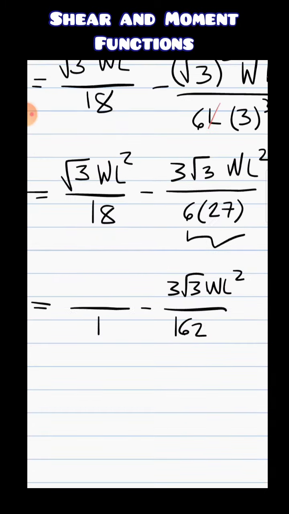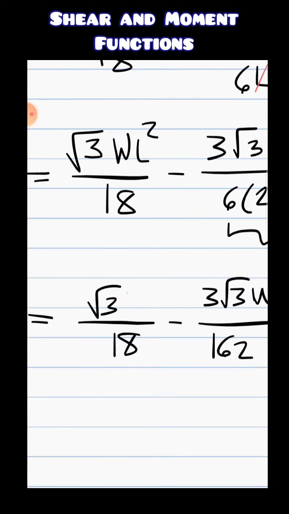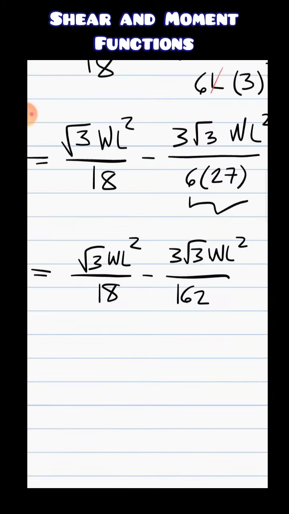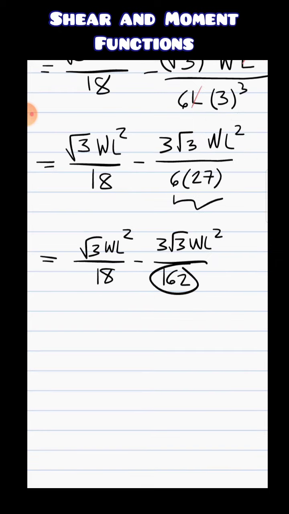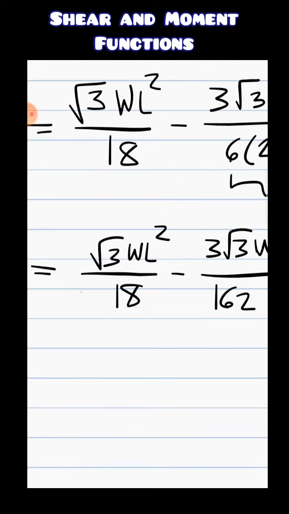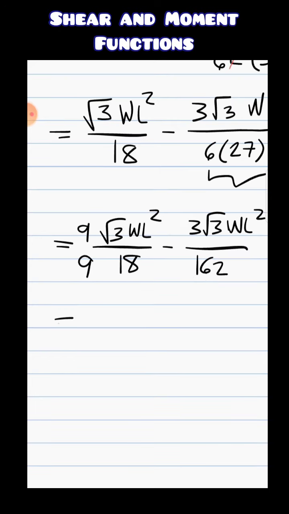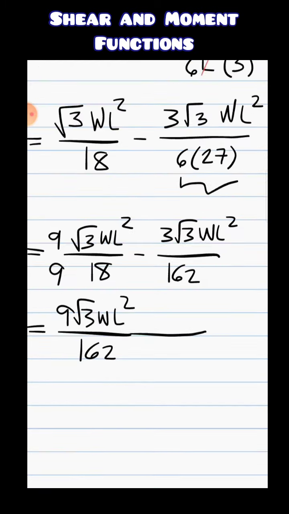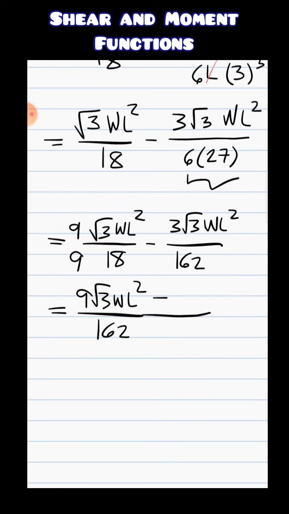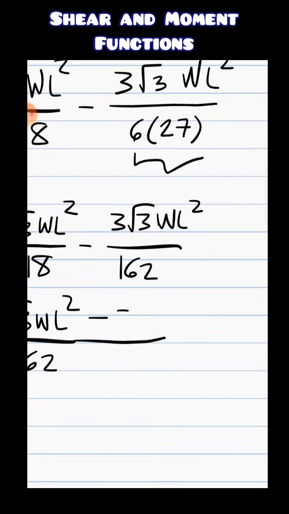Then in this first term, it's the same, but we multiply it by something so we will have the same denominators right here. If we multiply it by 9 over 9, above will become 9 square root of 3 WL squared, and below turns out to be 162. Since they have the same denominators now, we can combine them. So 9 square root of 3 WL squared minus 3 square root of 3 WL squared.